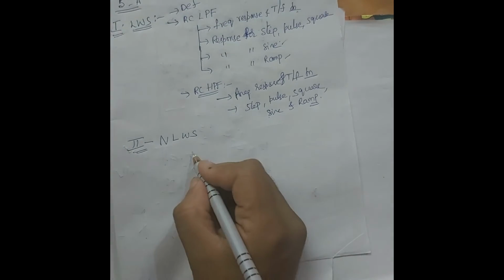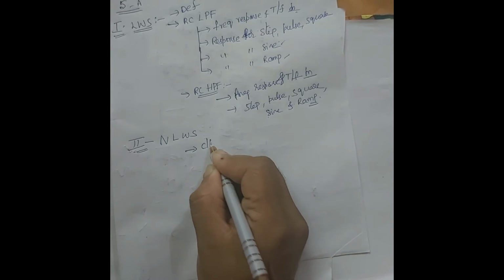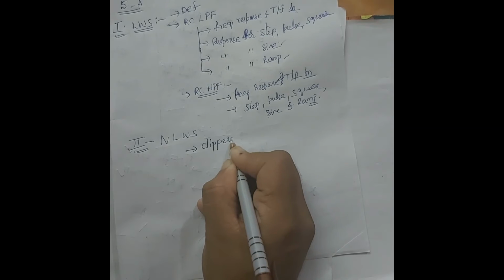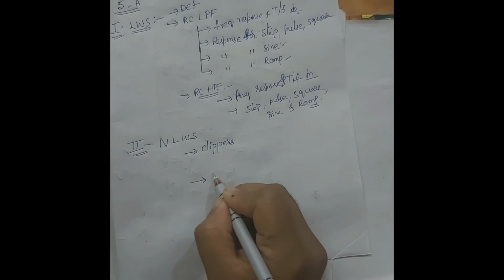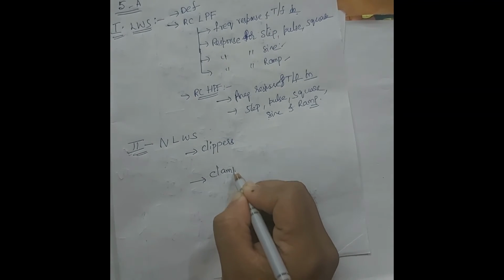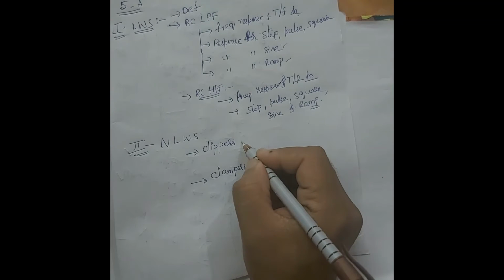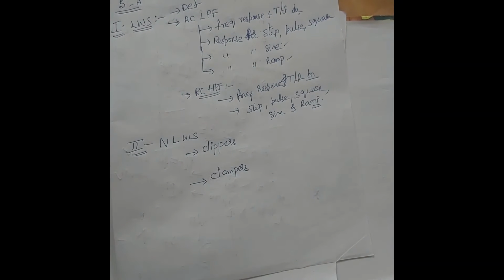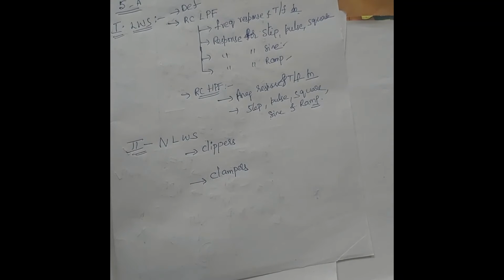In non-linear wave shaping we are going to see clippers, clampers. In clippers there are tens in number of classifications that we are not going to see here. Series clippers, shunt clippers, diode clippers, transistor clippers.